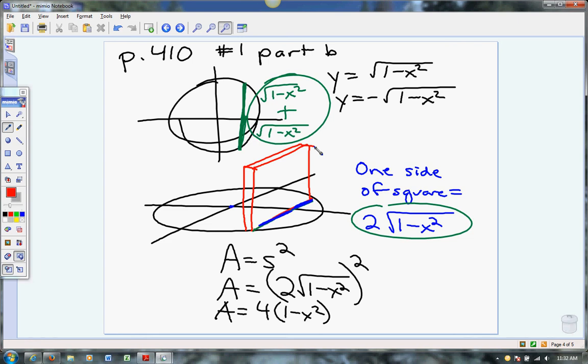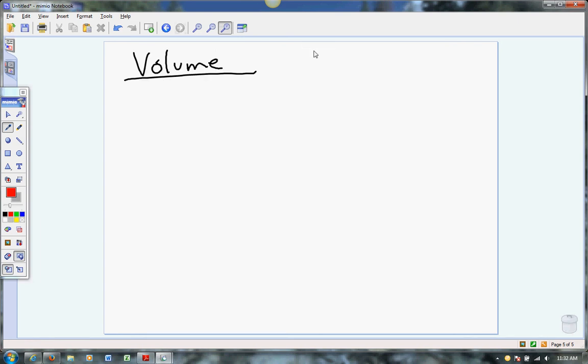Isn't it the area of the base times the height? Okay, the volume of any box is the area of the base times the height. Well, my height is dx, and my area of the base, didn't we just find that out? 4 times 1 minus x squared.